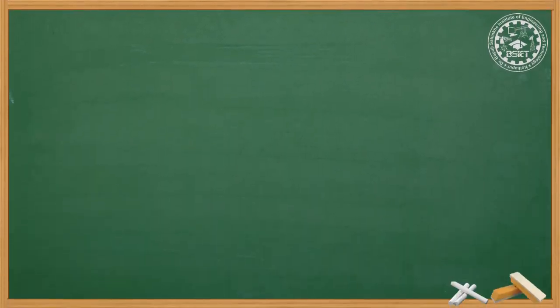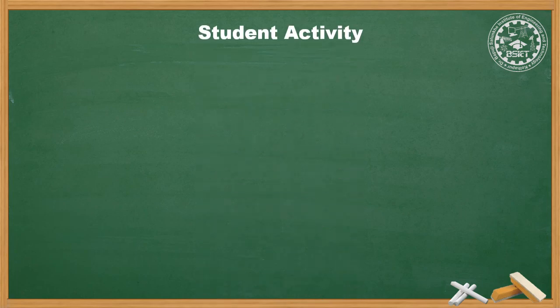Based on today's session, there is some student activity that all students must follow. Please try to write the questions and answers using your own words or by using any other sources.